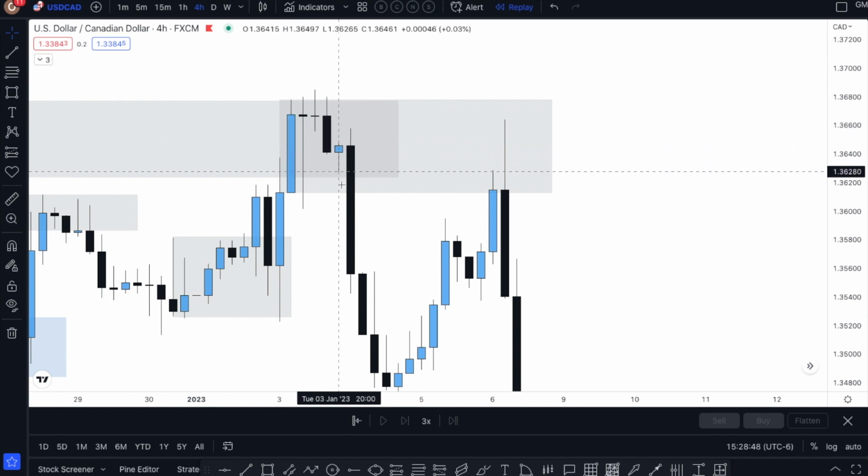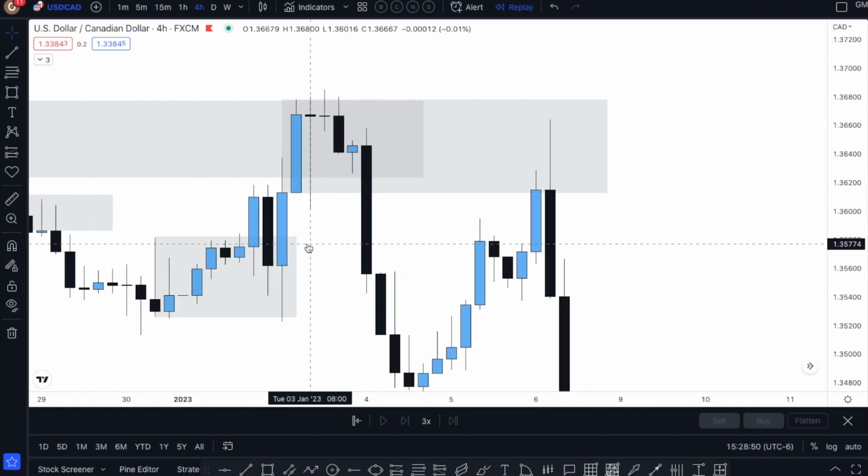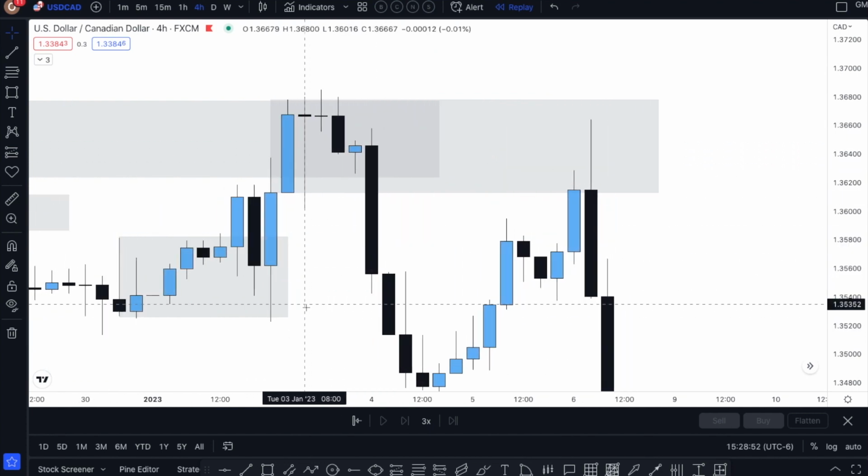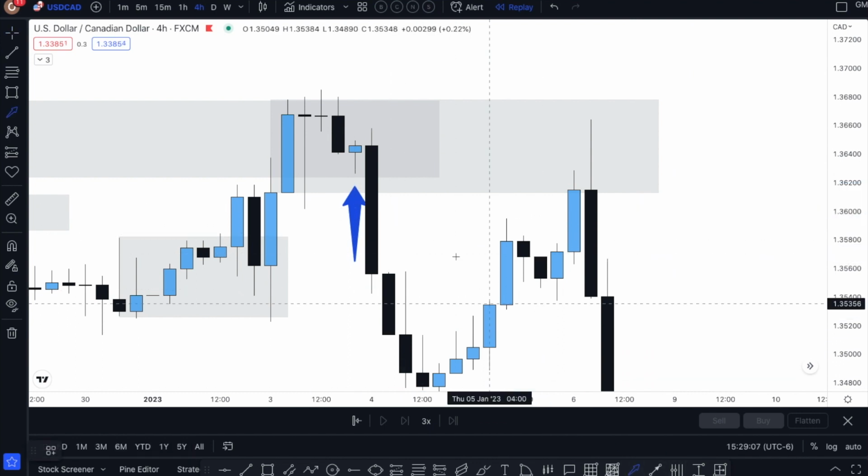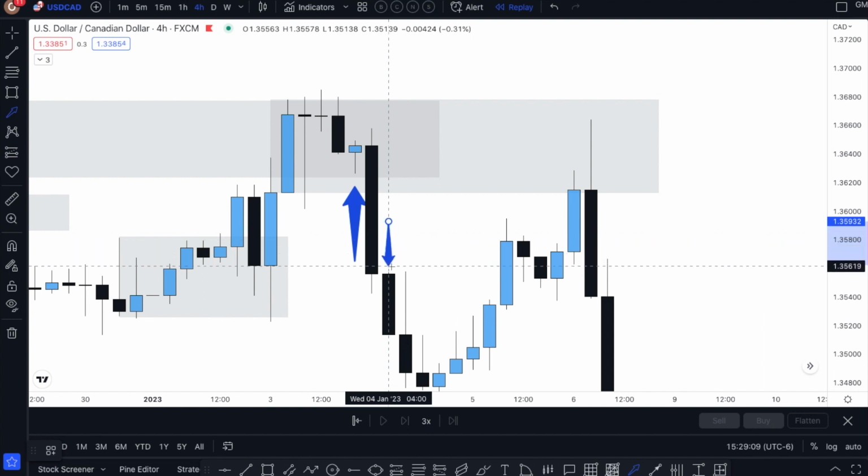Now, when you have rapid movements like this, it creates what are called imbalances. And so what is an imbalance in essence? So as you can see, we have a candle here, and we also have this candle right down here.